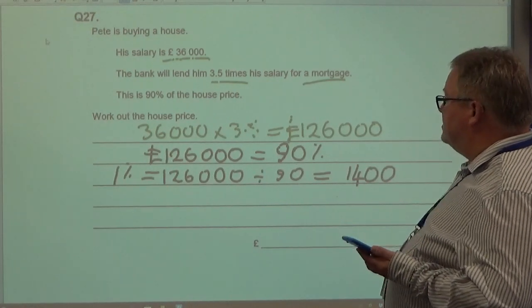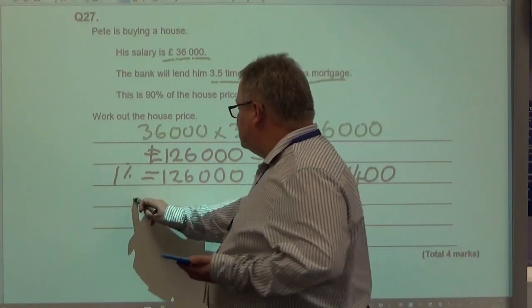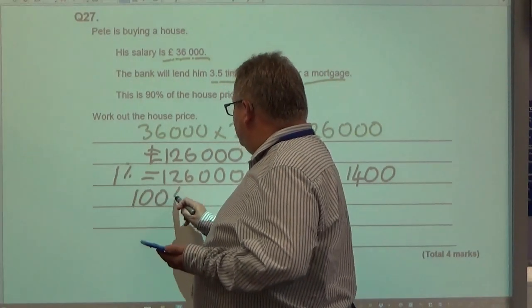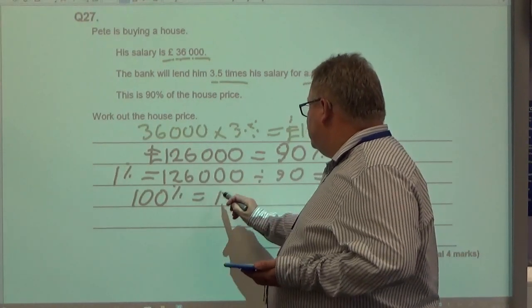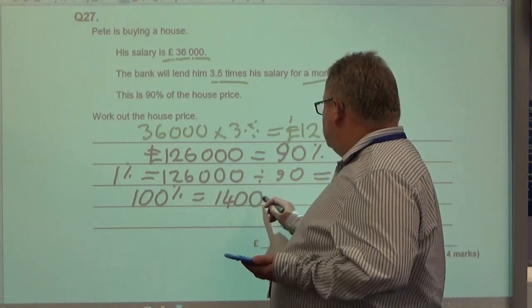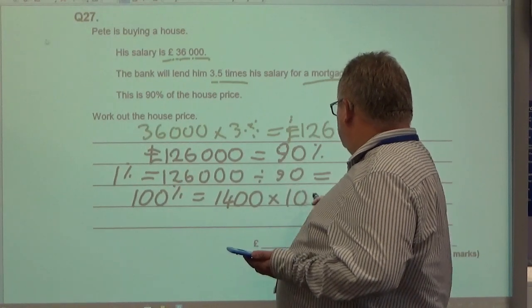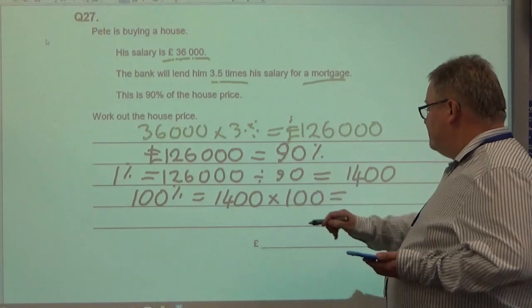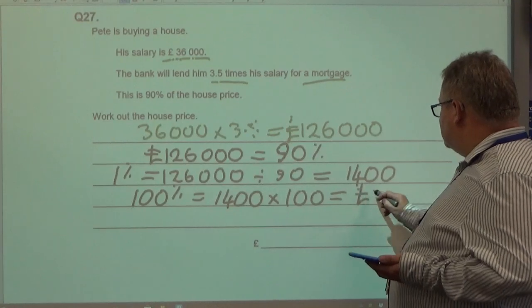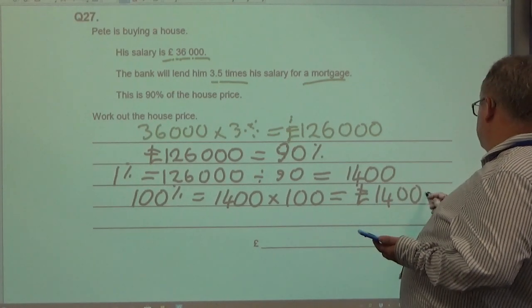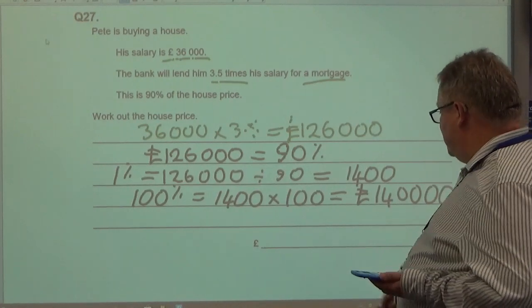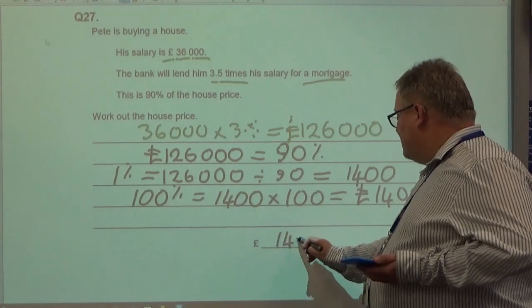So all we need to do now is to find 100%. That's the full price of the house. So to find 100%, it's going to be 1,400 times by 100. So fairly straightforward there. So this is the cost of the house, 140,000. Yeah, so that's the cost of the house there.